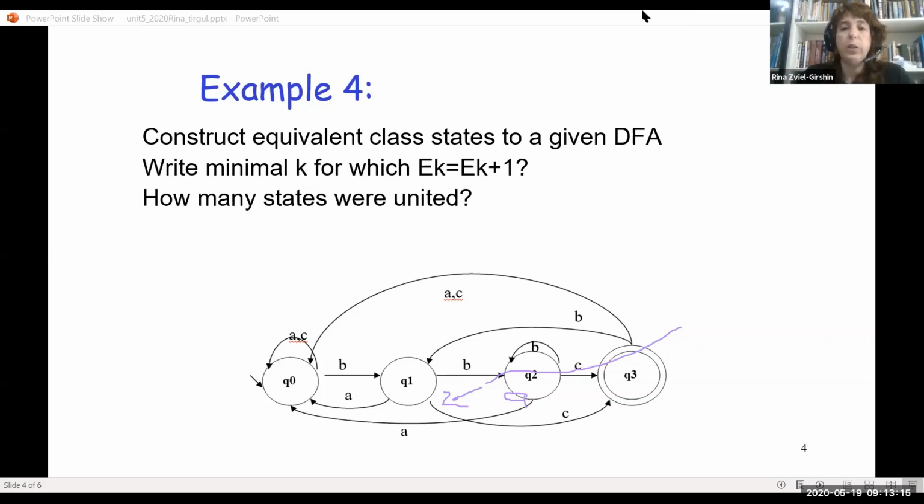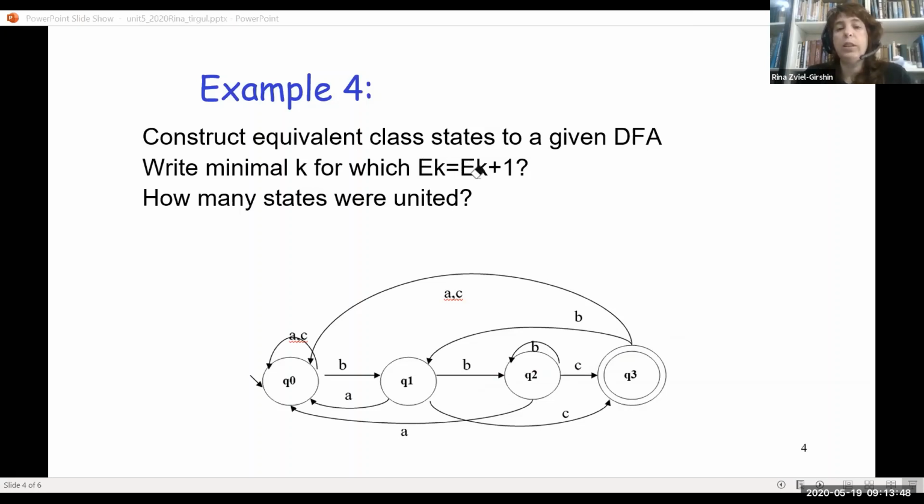So now, since we did one question all together, I would like to give you the time, and you are required to construct equivalent class states to the given DFA. And that's what you will start with. Then I would like you to answer the question, which K actually holds the property that EK equals to EK plus 1.